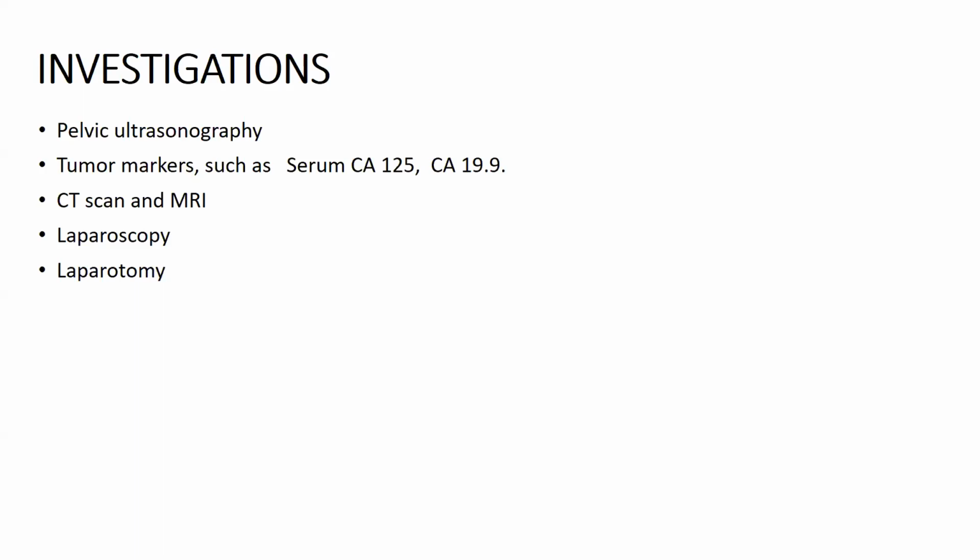So I would like to prepare her for surgery in the meantime. Blood group and Rh typing. Then after that, you would go for tumor markers like CA125, CA19.9, CEA, and alpha fetoprotein. These are different tumor markers for ovarian tumors.